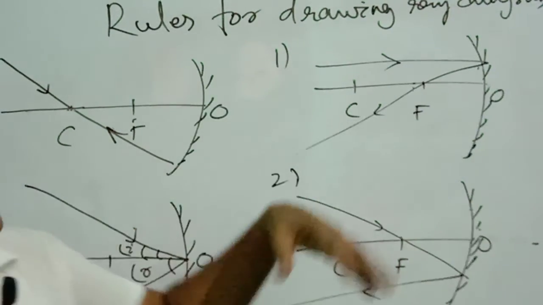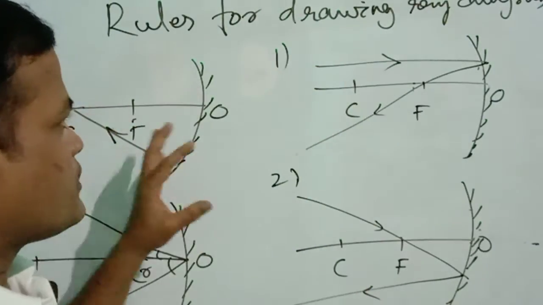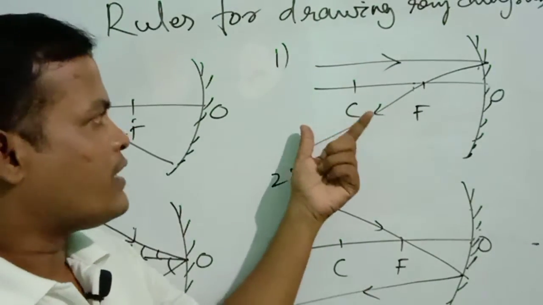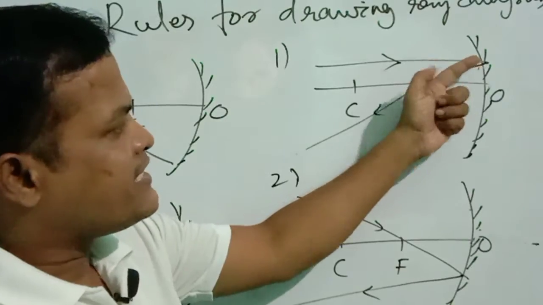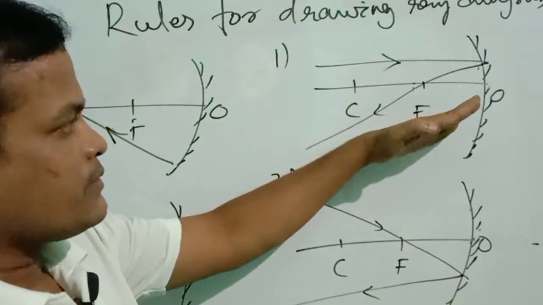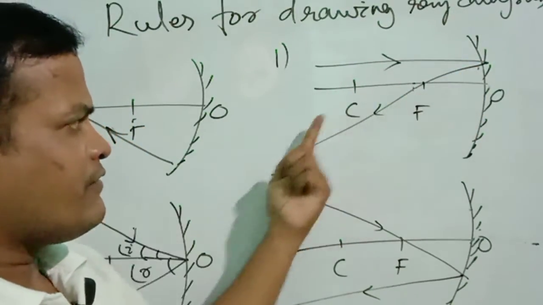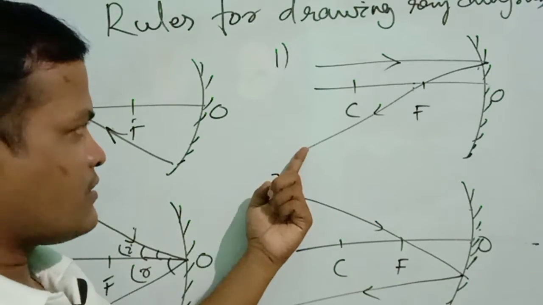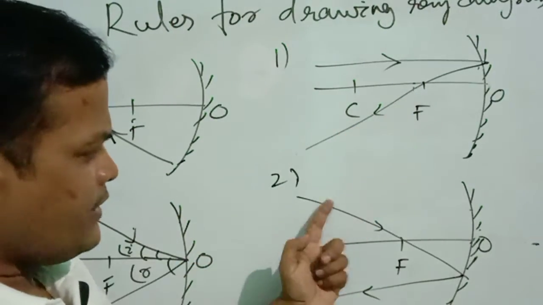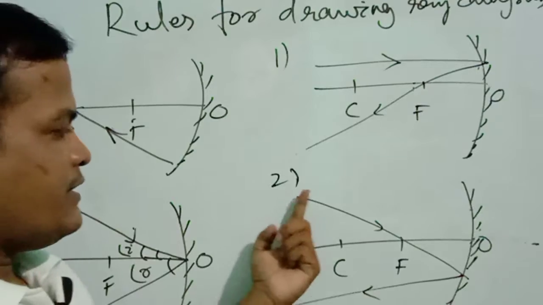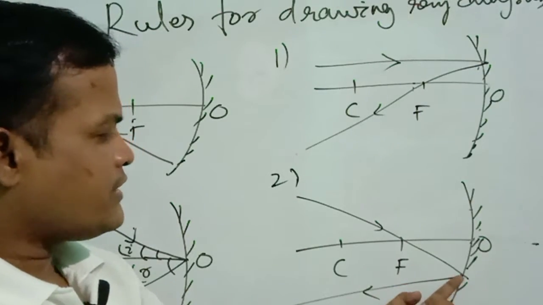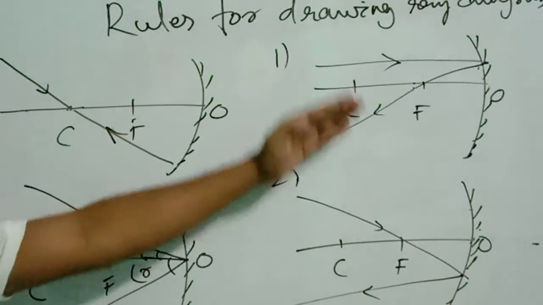Again, there are 4 rules for drawing ray diagrams. Number 1, if a ray is incident parallel to the mirror's axis, after reflection it emerges through the focus. If it is incident through the focus, then it is reflected parallel, the opposite of rule 1, which is rule 2.